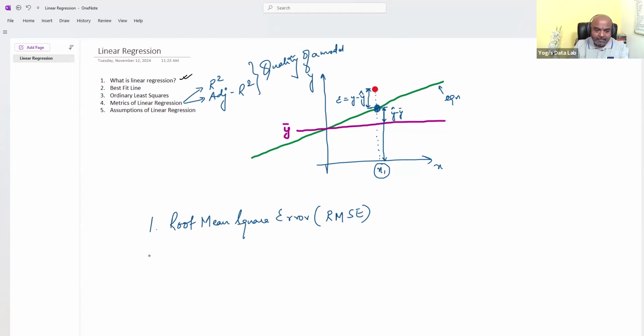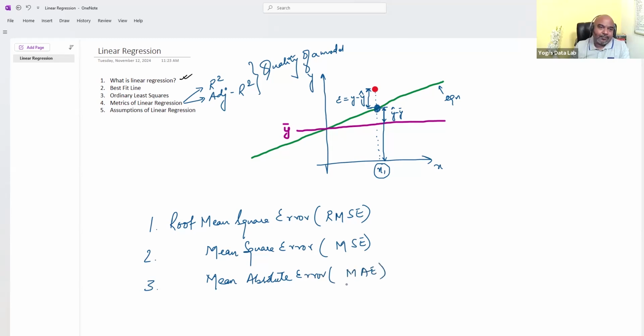The other is known as mean square error, MSE. And then you have mean absolute error, given as MAE. Now these are the metrics which measure the amount of errors in your model.